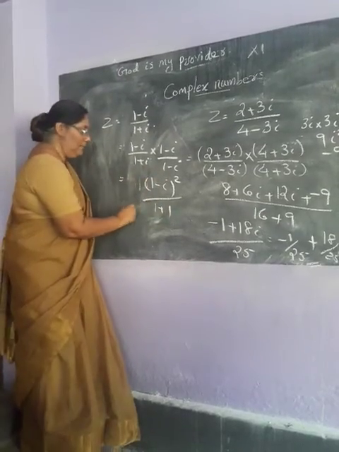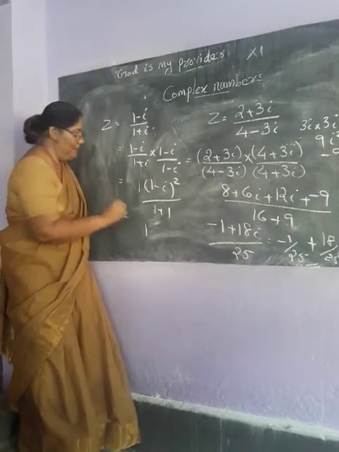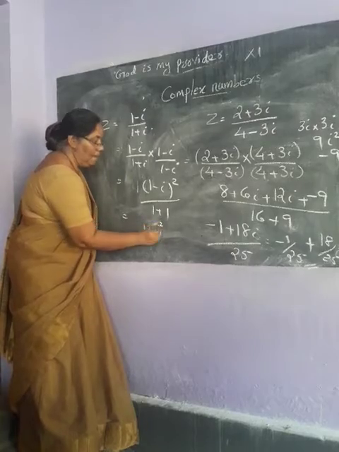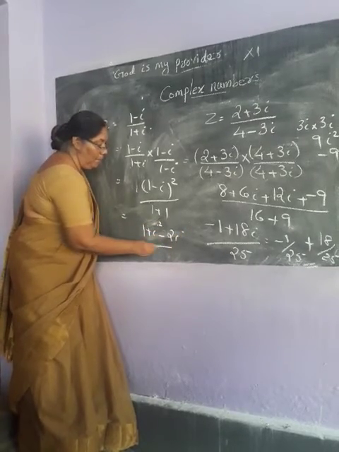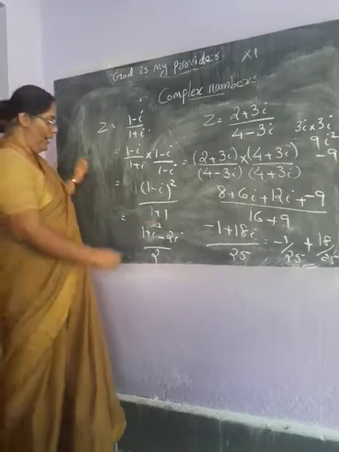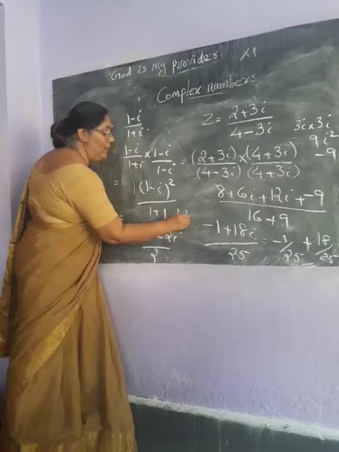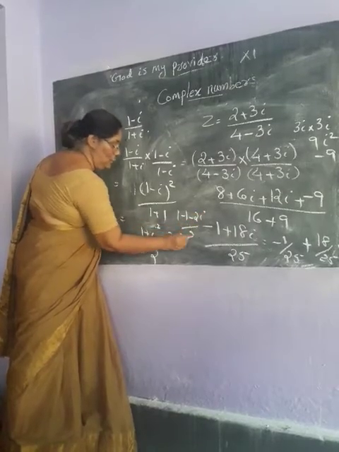Expand the numerator. a square plus b square minus 2i by 2. What is 1 minus i square? i square means minus 1, so 1 minus 1 cancels. Minus 2i by 2.